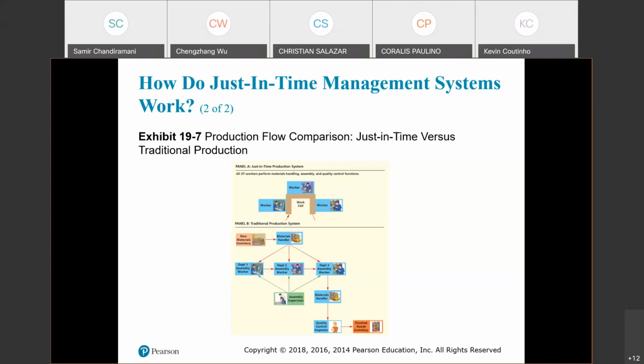Less inventory frees floor space for more productive use. Thus, the JIT management system helps reduce waste. The traditional system requires more inventory and workers and costs more to operate than a JIT management system.